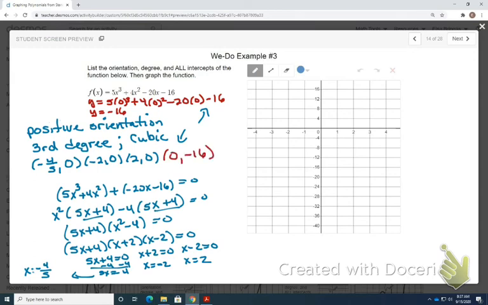And all I have to do now is plot all my intercepts. So 0, -16 is going to go through there. And then the x-intercepts are at 2, 0, -2, 0. And -4/5 is really close to -1. If it helps you, you could write that as a decimal.